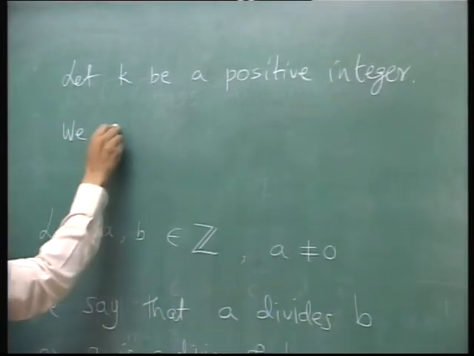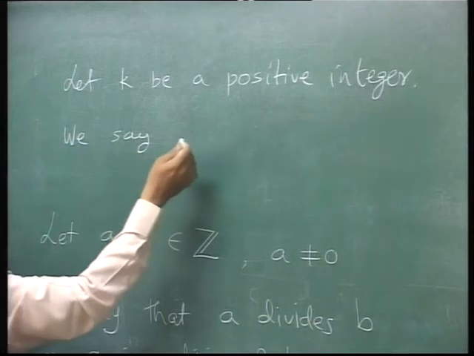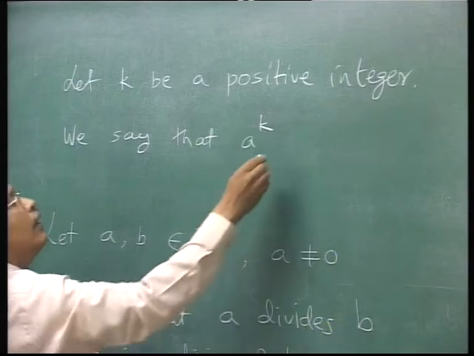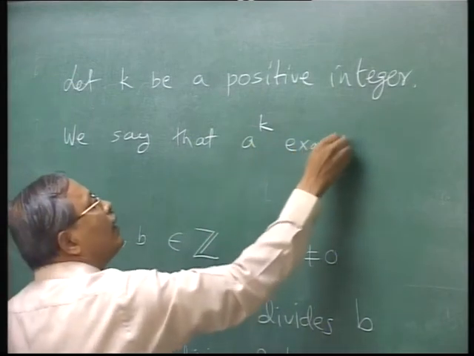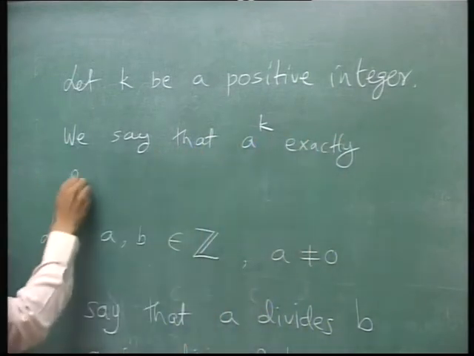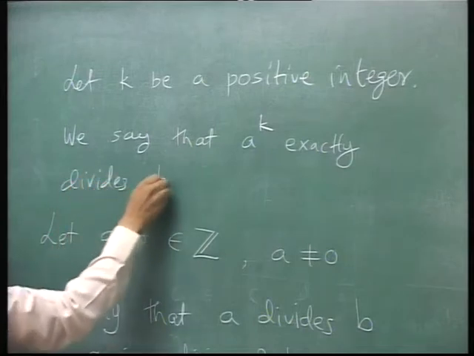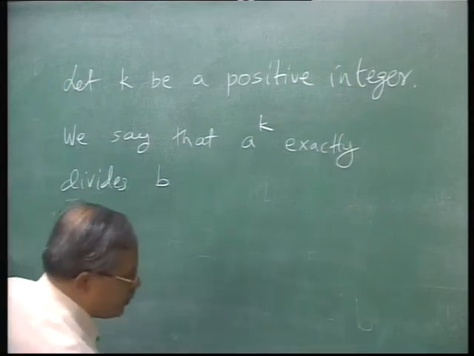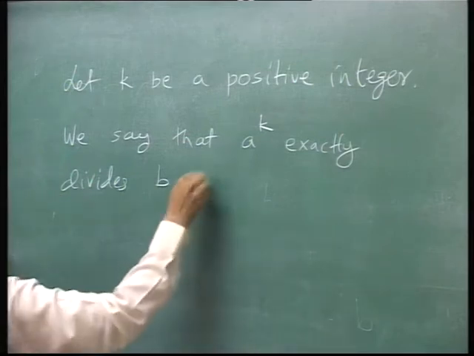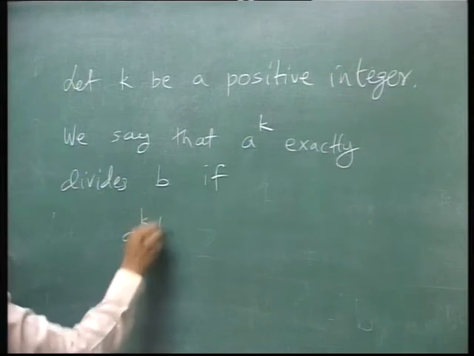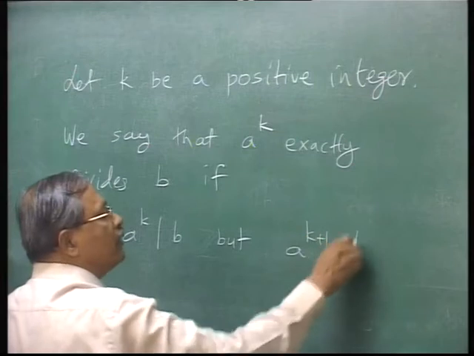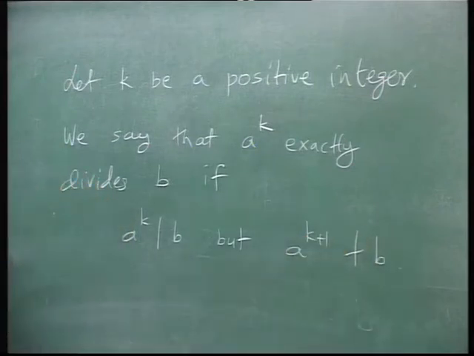We say that a raised to k exactly divides b if a raised to k divides b, but a raised to k plus 1 does not divide b.